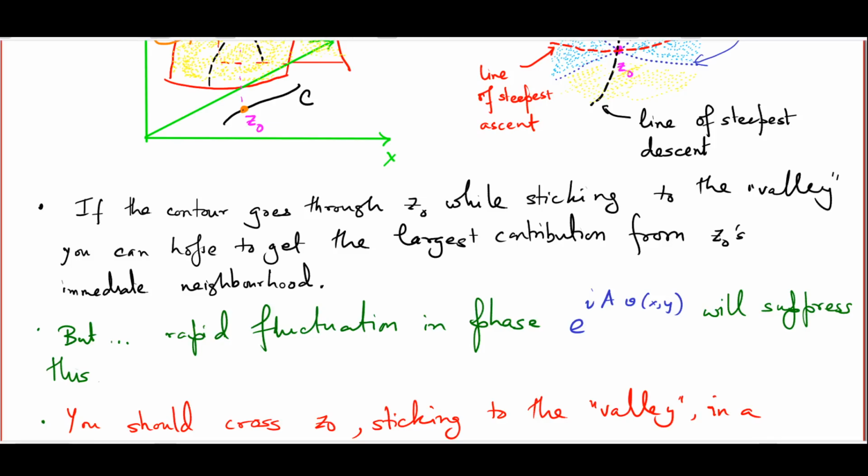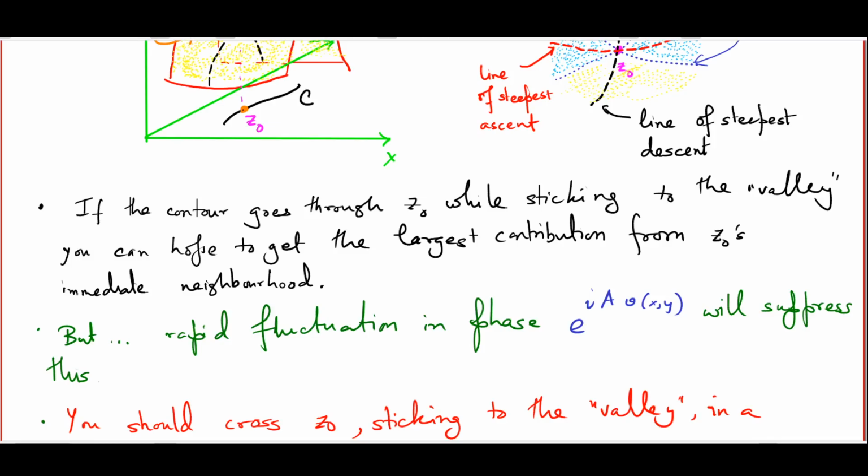And because a is very huge, you would typically expect e to the i a v(x,y) to rapidly fluctuate in phase. And as should be obvious, a very rapidly fluctuating phase term will actually tend to cancel out the contributions from each other and lead to a highly suppressed contribution from z0.